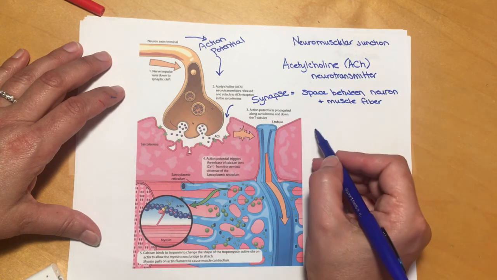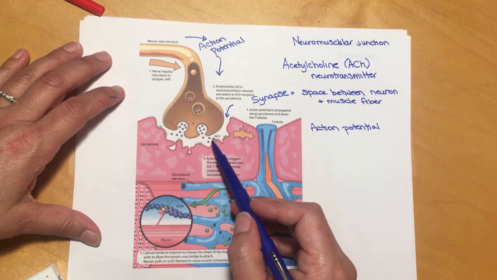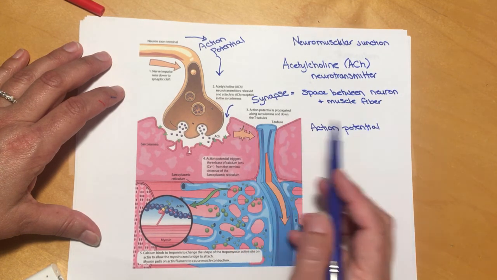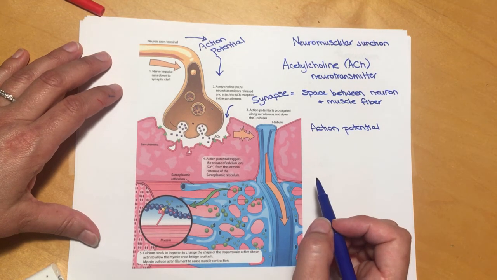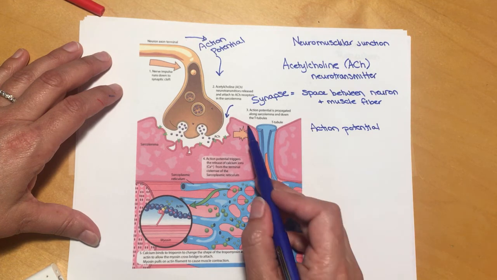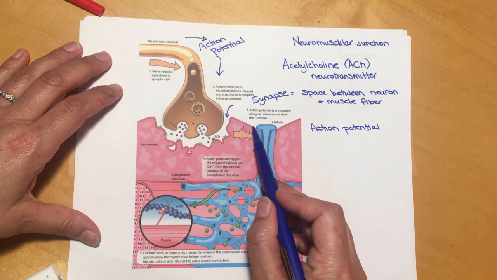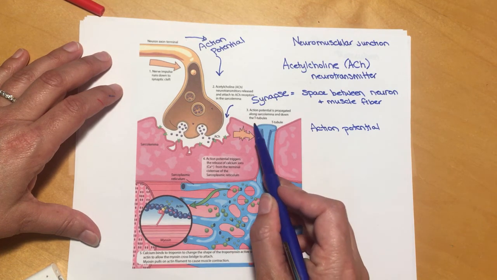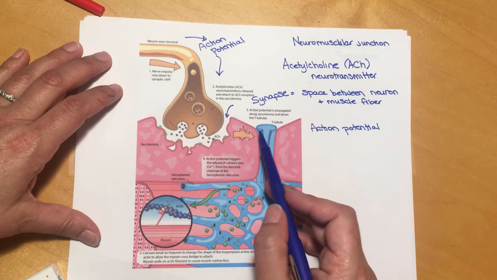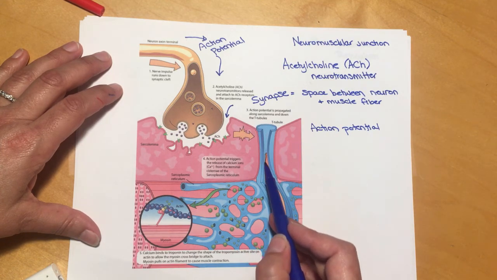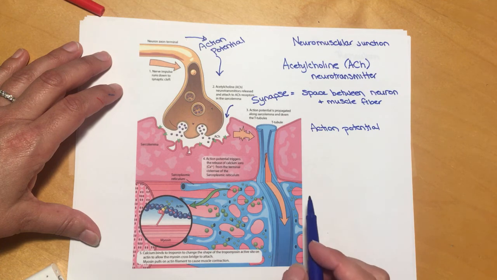And that will cause an action potential to travel along the sarcolemma. And remember, the sarcolemma is the plasma membrane of the muscle fiber. The action potential will travel along the sarcolemma until it reaches a T-tubule, and then down the T-tubule deep into the muscle fiber.